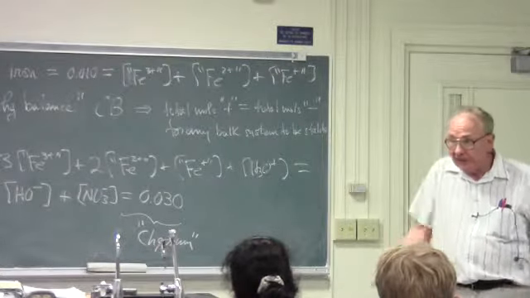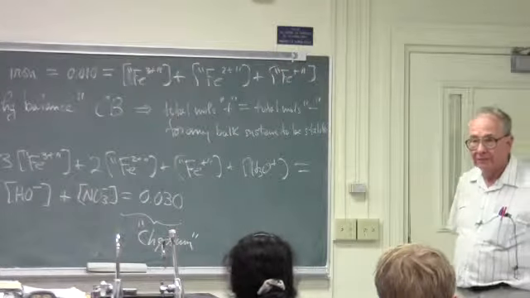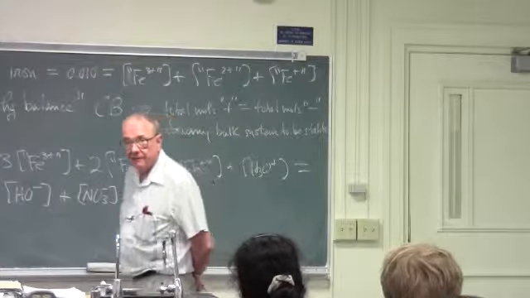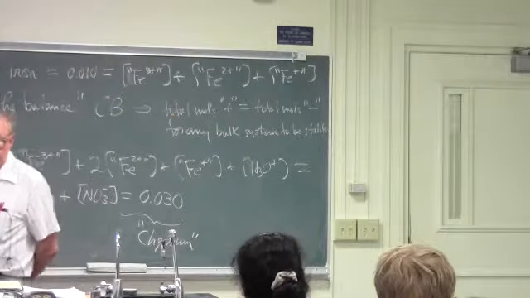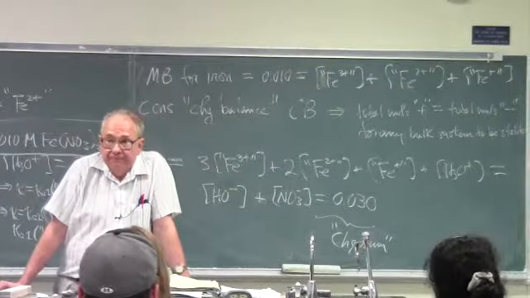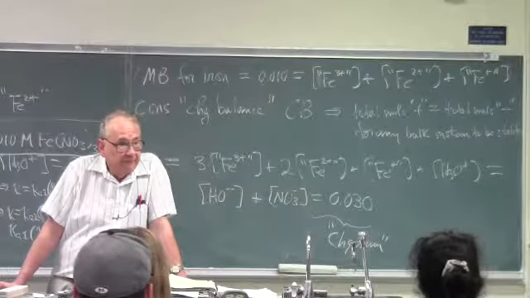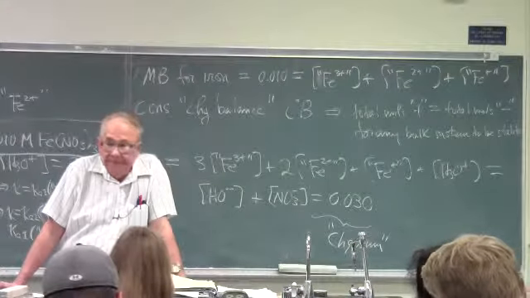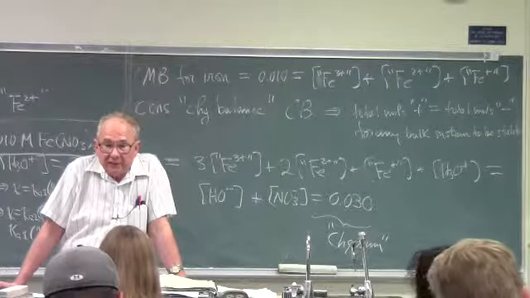Come on, let's put this stuff together. What do we know about nitrate ion from an acid-base standpoint? Stable. Why is it stable? Come on. You looking at the acid-base table? What's the conjugate acid of nitrate ion?